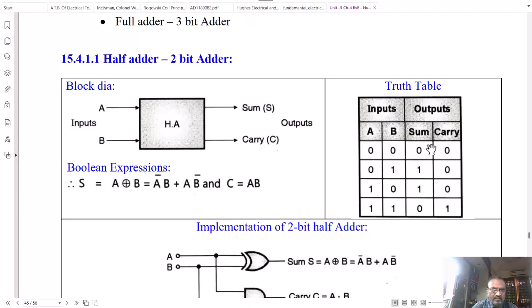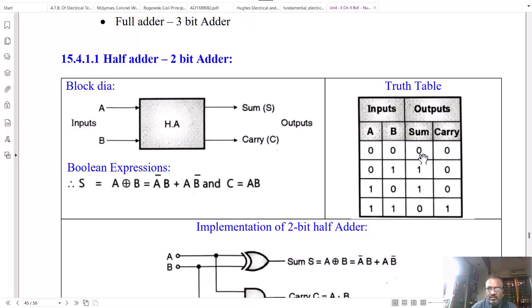A typical block diagram of a half adder, that is a 2-bit binary adder, is shown in the figure here. A and B are the two inputs to the half adder, and the outputs are sum output and carry output.